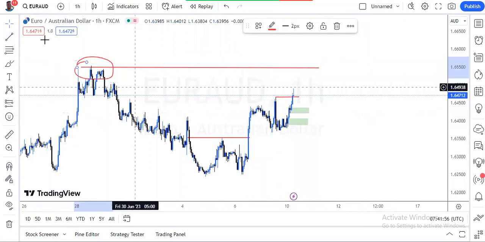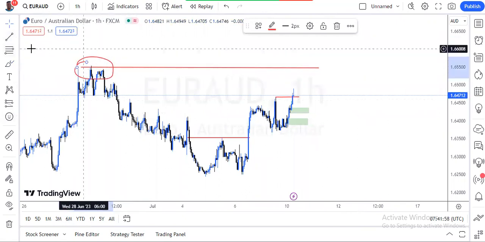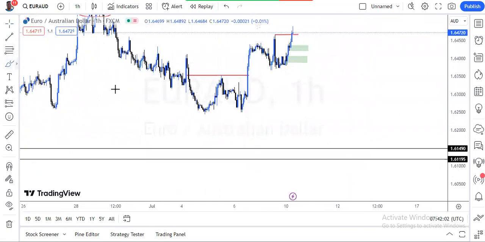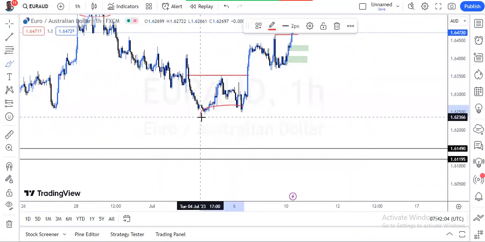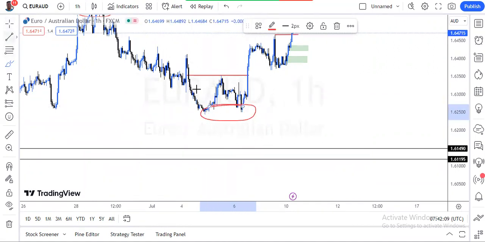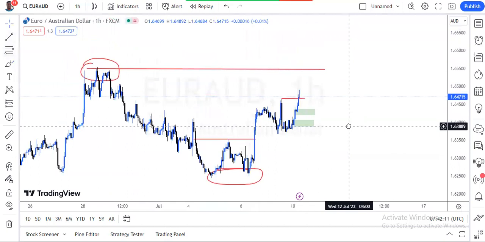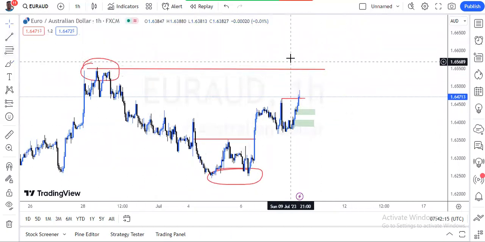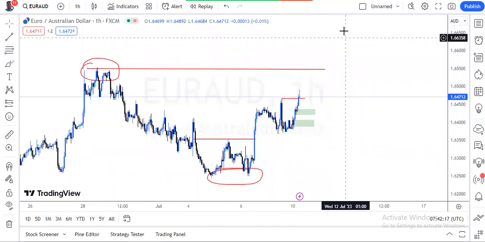The market makers are only interested in hunting this kind of levels. And this is another level that will come and be cleared in the future. So they are only interested in looking for these levels and driving price to those levels, closing those orders, dropping again, and then continuing.